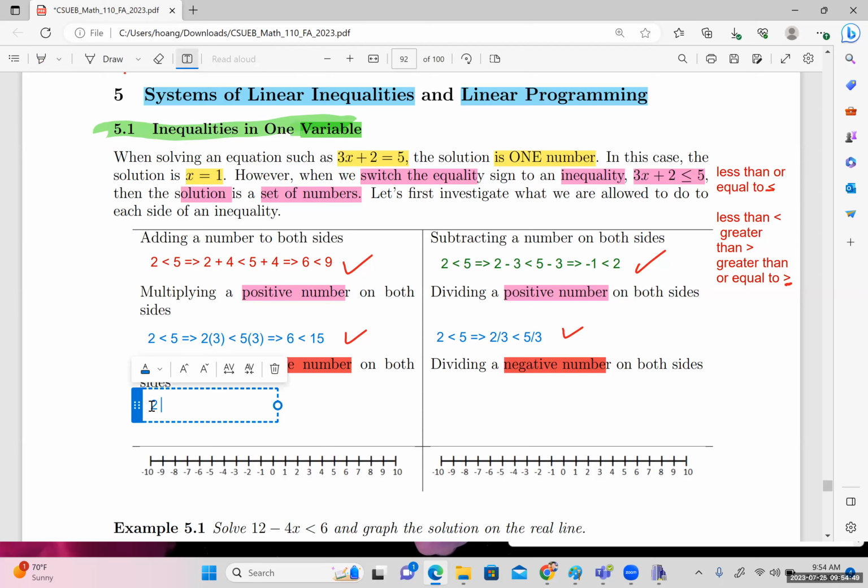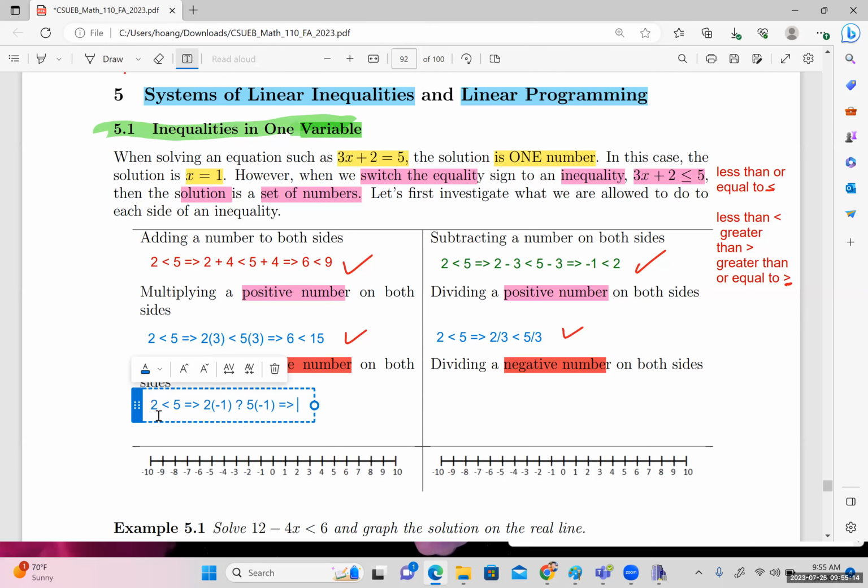Say 2 less than 5 again. Then I multiply 2 by -1, and let's do the easy one, 5 multiplied by -1.